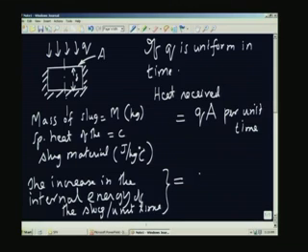This will be, assuming the mass and specific heat to be constant, M and C can be taken outside, dT by dt.